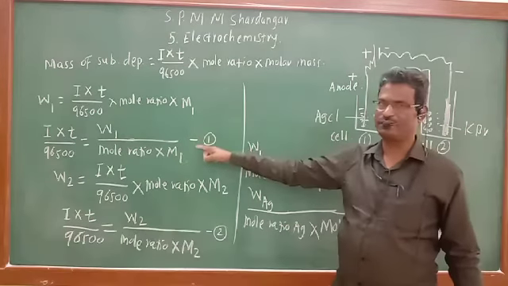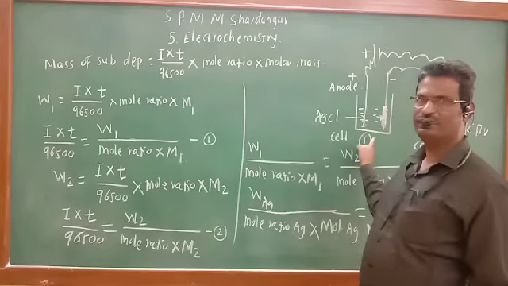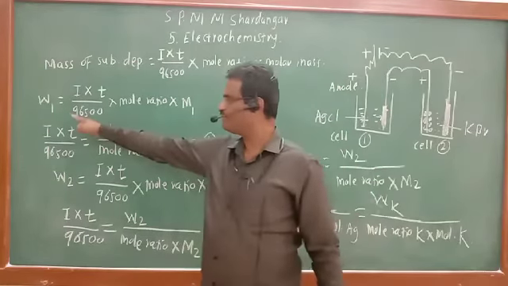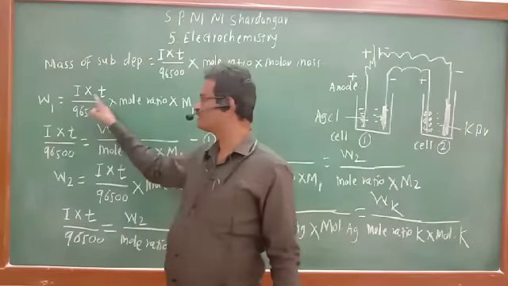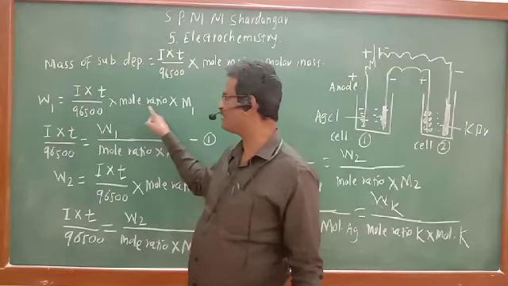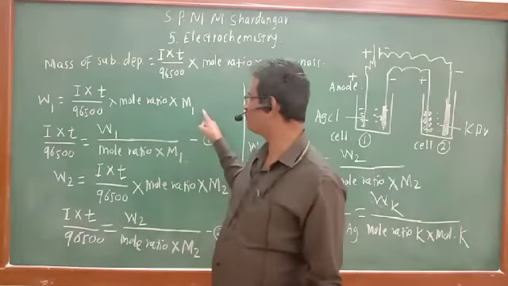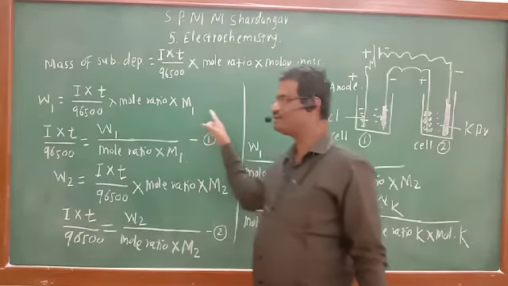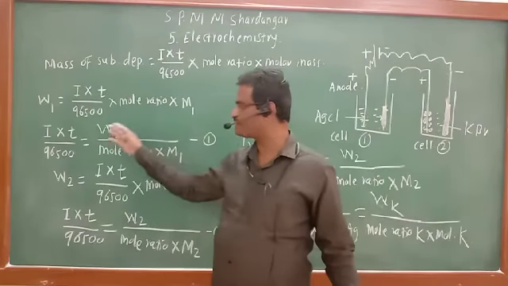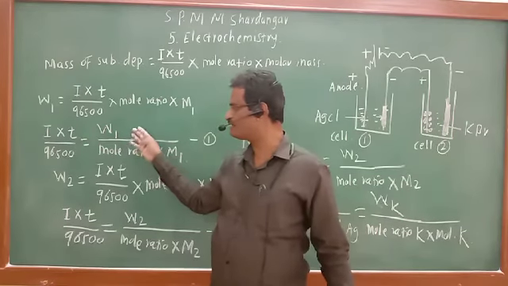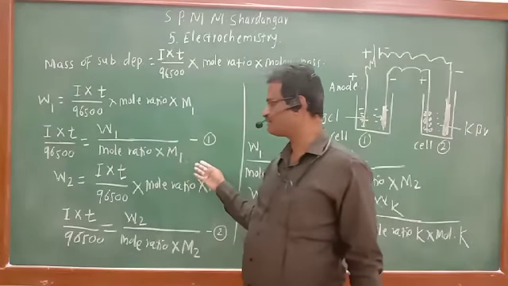This equation for the first cell can be written as W1, that is the mass of substance deposited in cell 1, is equal to I into T over 96,500, mole ratio of cell 1 into molar mass of the substance deposited at the cathode. Rearranging this equation, I into T over 96,500 is equal to W1 upon mole ratio of cell 1 into molar mass.